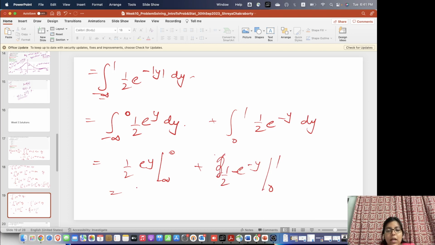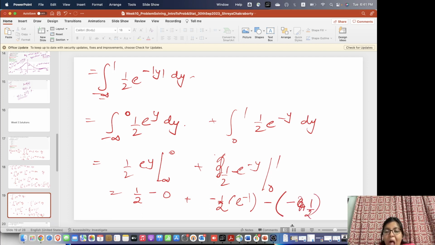So this would be half minus e to the power minus infinity, which is 0, plus minus half into e to the power minus 1, minus of minus e to the power 0, which would be 1.